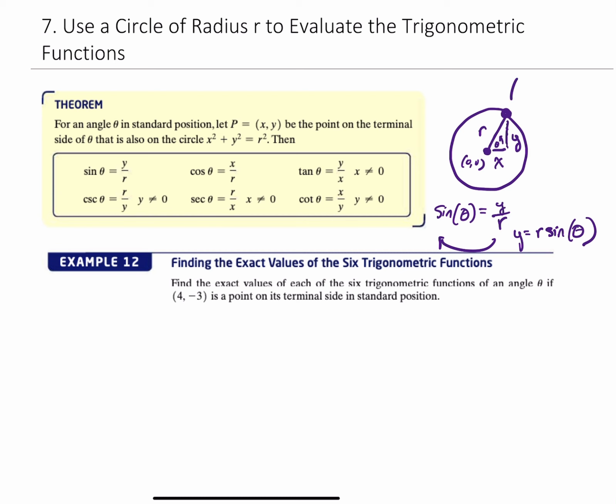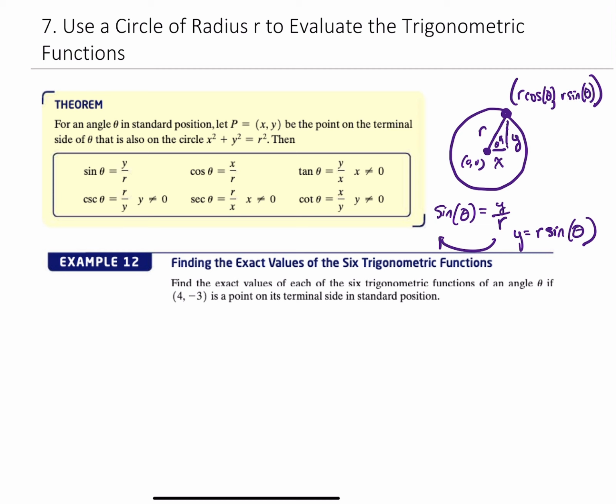We'll get a similar thing for the cosine: it would be r cosine theta for x. So a coordinate point on some larger circle would be r cosine theta for the x value and r sine theta for the y value.